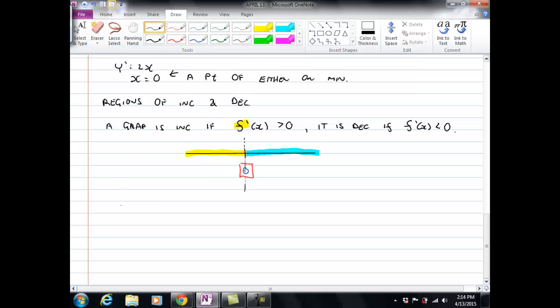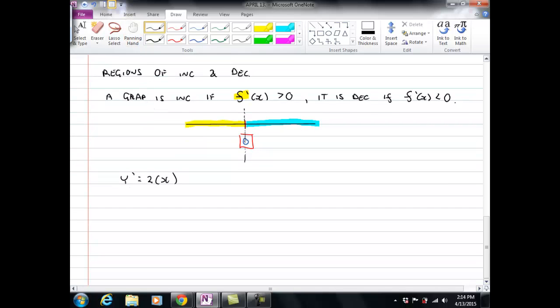So I go y prime equals 2x. See, I'm working with the derivative. So now this becomes 2 times -1. I just chose any random point here, and I chose -1. Plug it in, and when I plug it in, I get -2.